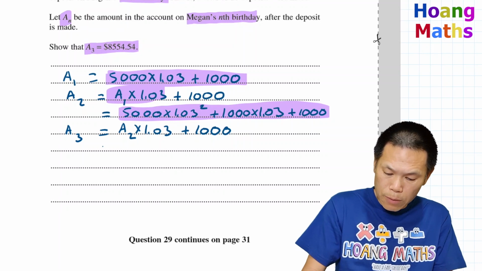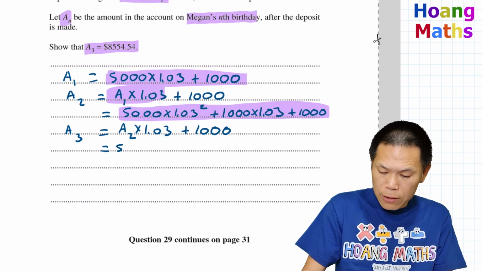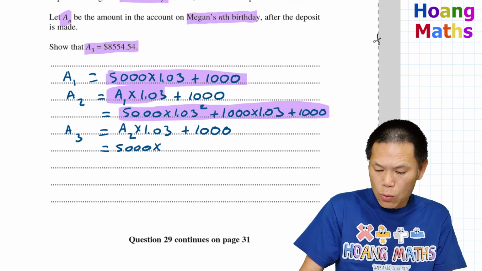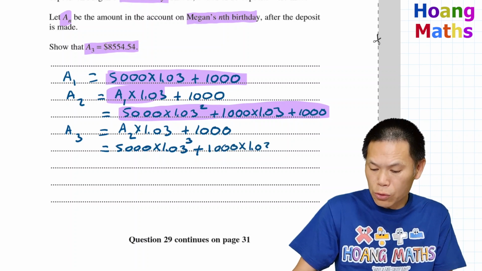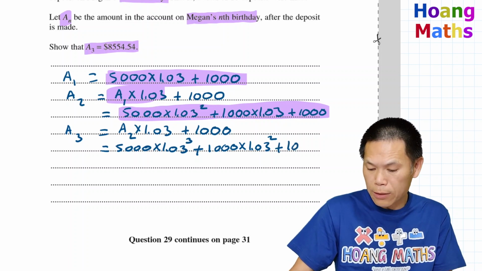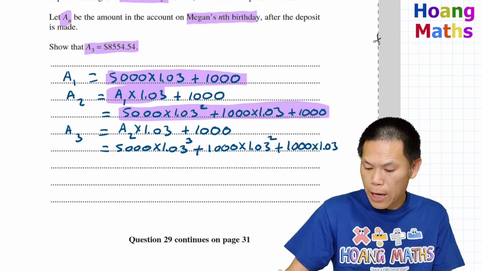This gives me 5,000 times 1.03 cubed. We add 1,000 times 1.03 squared, and we times by 1.03 with 1,000, giving 1,000 times 1.03, and we add 1,000.